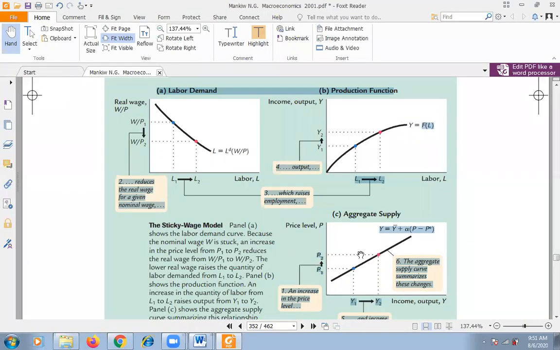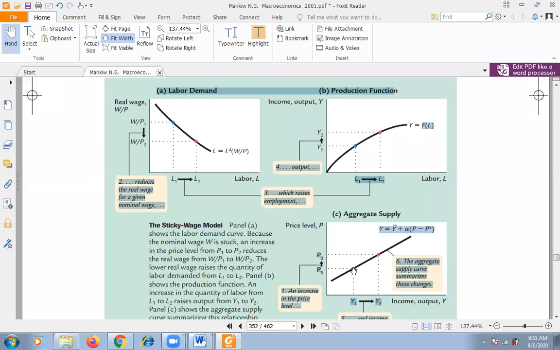So in diagram C, the price level is on the vertical axis. From the start we discussed what happens when the price level increases. The price level is on the vertical axis and the income level is on the horizontal axis.